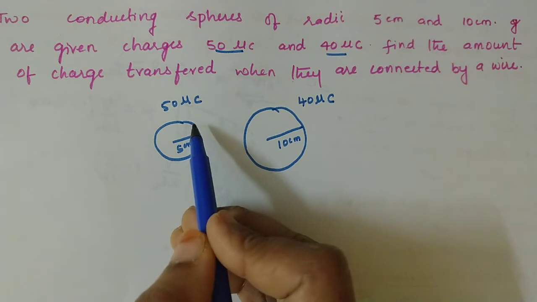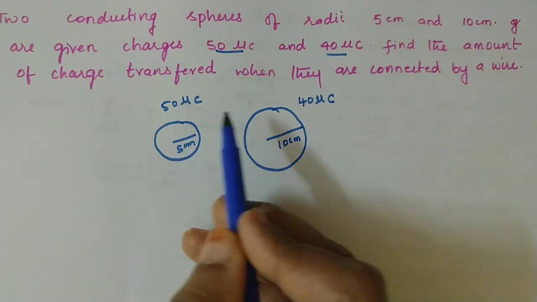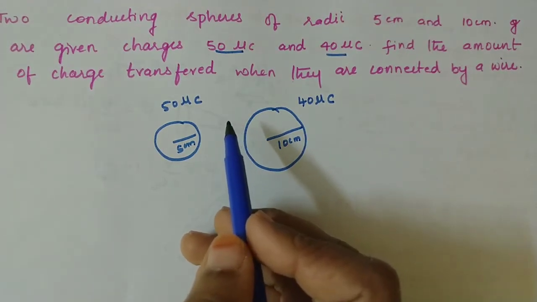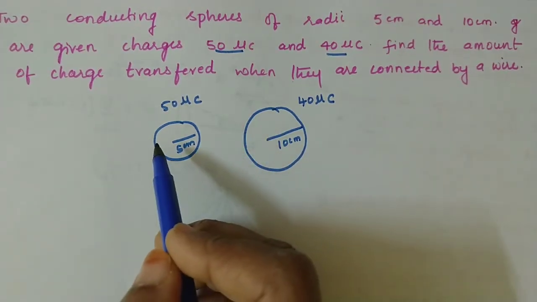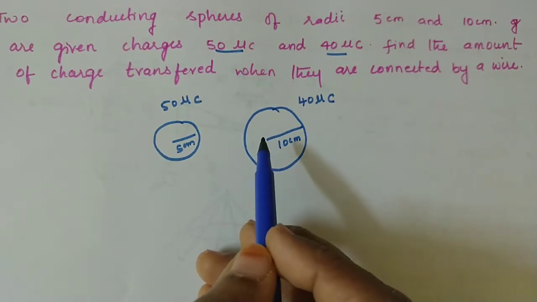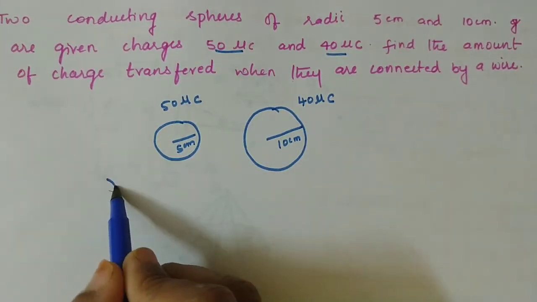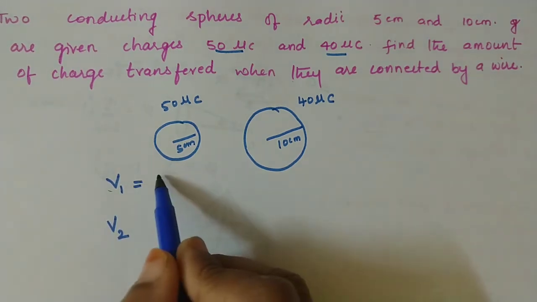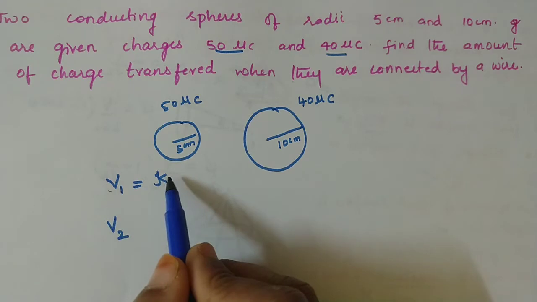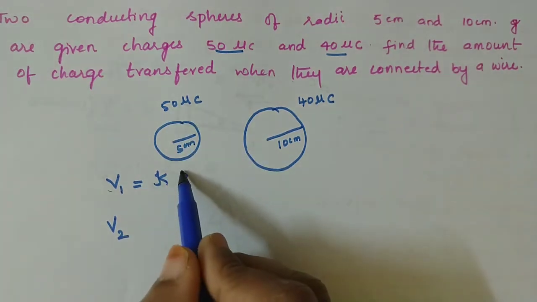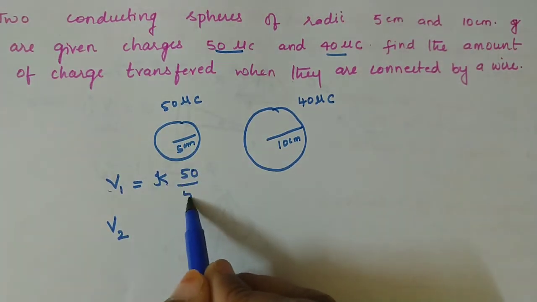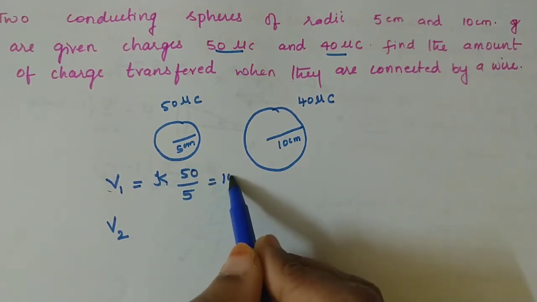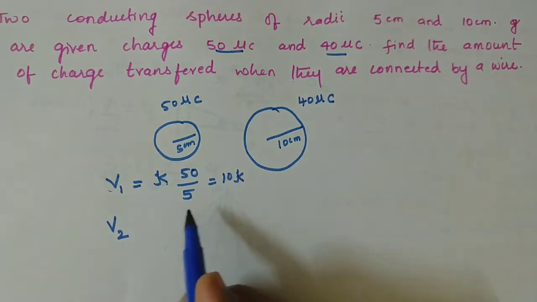So we know charge will always transfer from a high potential to low potential. I repeat, a positive charge always tries to move from a region of high potential to a region of low potential. So before connecting, let us see what is the potential of the first sphere and potential of the second. We know potential is kq by r for spherical conductors. K, I am not converting the unit, charge is 50, radius is 5, which is 50 by 5, 10 times of k, some proportionality.